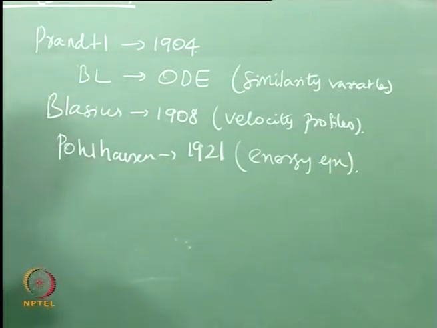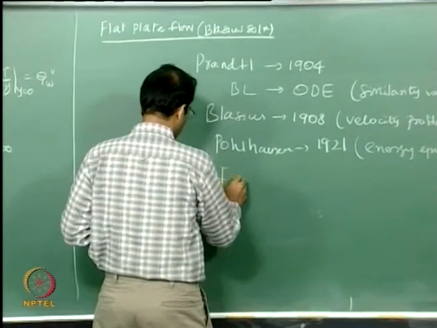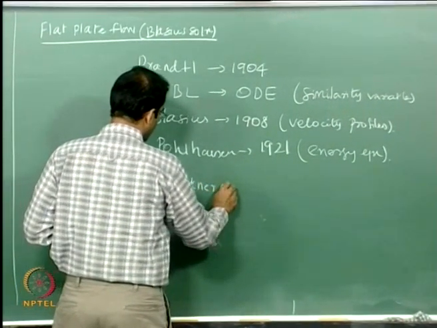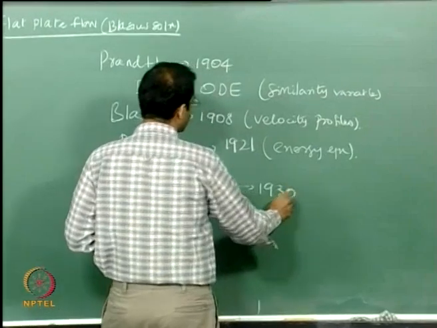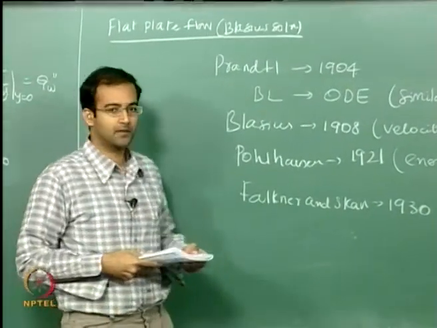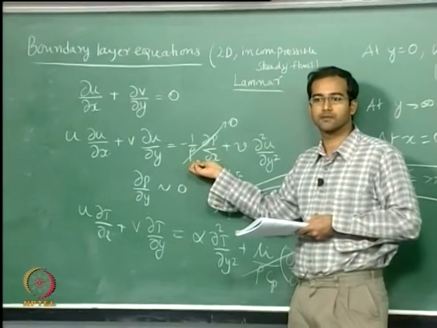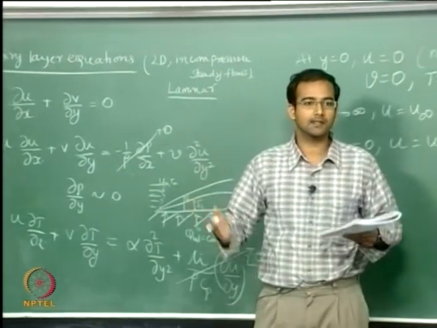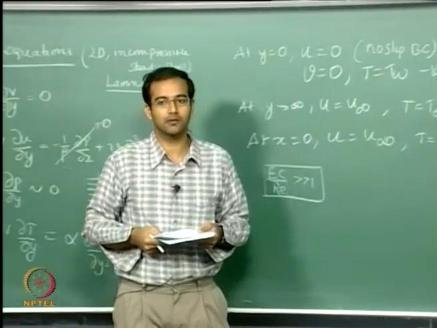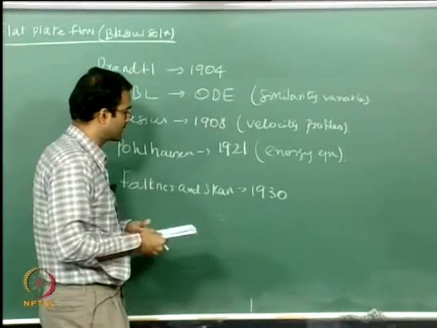So it took almost a decade to solve the energy equation from the original Blasius solution, and then in 1930 there were Falkner and Skan, two people who extended the similarity method of solving the PDEs to flows with pressure gradient also. So far we are neglecting this particular term here, but they extended it for a generalized set of flows, including pressure gradient and without pressure gradient. All of them constructed a similarity solution, which we are also going to see.